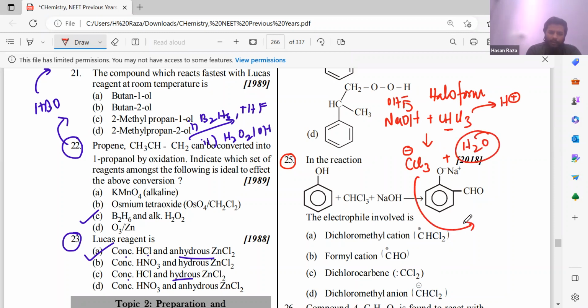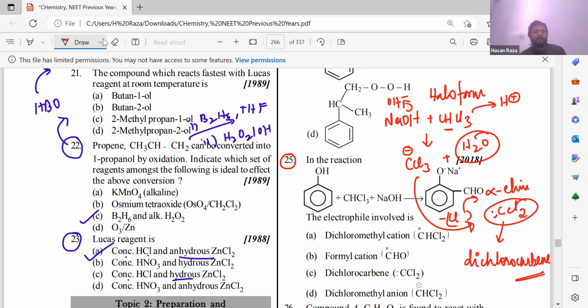Now see this CCl3 minus, there will be alpha elimination. Cl minus will be removed. So what we will get is CCl2. This is known as dichlorocarbene. So you have to remember that in the mechanism of this reaction, you get dichlorocarbene and the answer will be C.